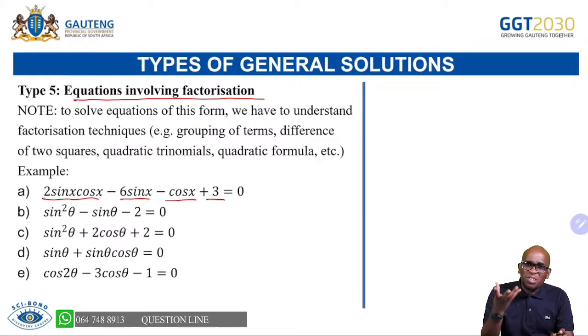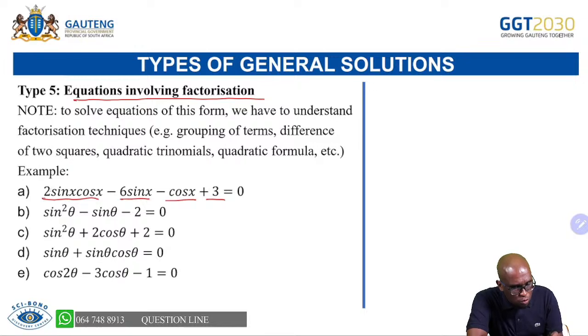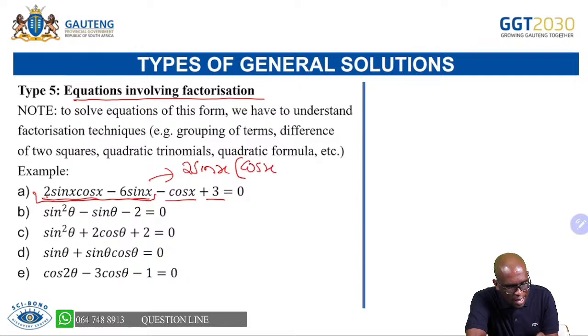Immediately when I get more than 3 terms, I would think about grouping. If you group these two here, you can see that 2 sin x is common. So this would become 2 sin x for the first 2, and then I'll be left with cos x minus 3.